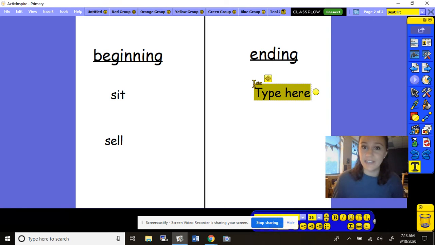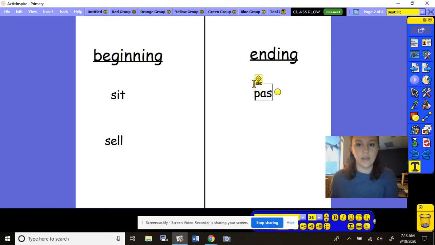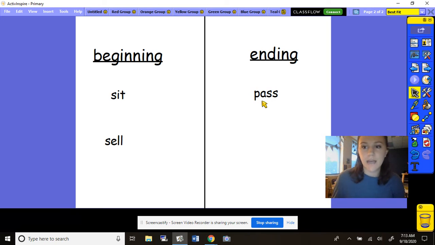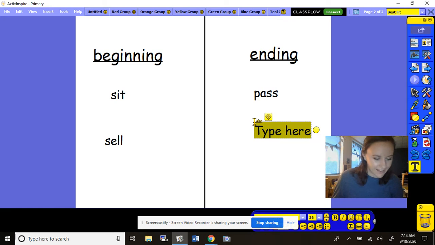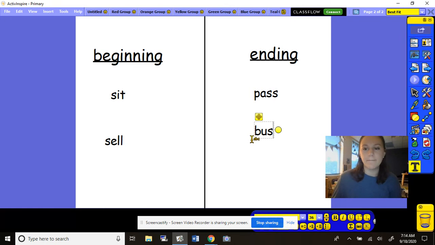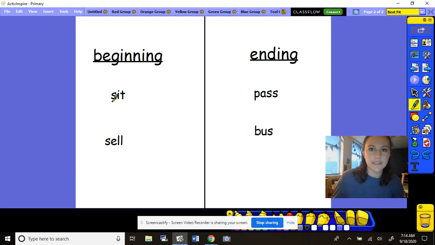Well, that sound can come at the end of words too, like this word. Pass, like a hall pass, or you pass a class. Pass a class, that rhymes. And then this word, us. So S can come at the beginning, sit and sell, or it can come at the end, pass, bus.